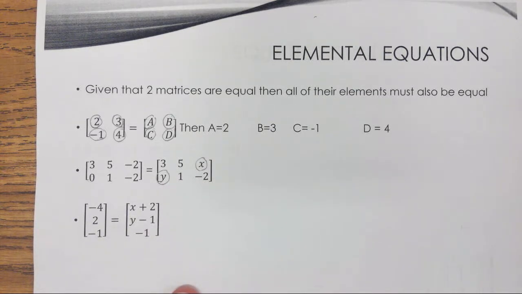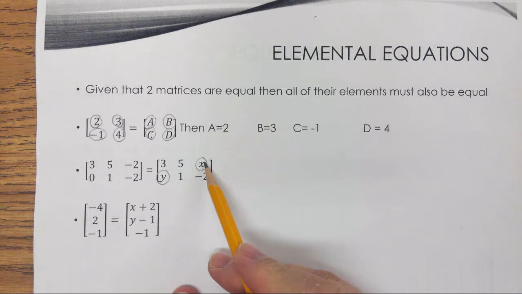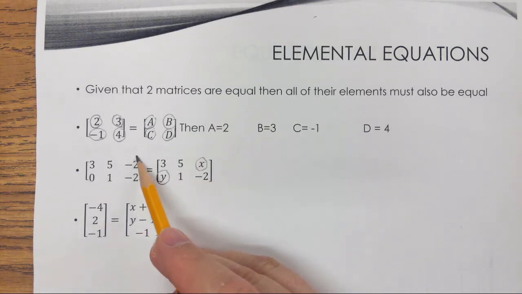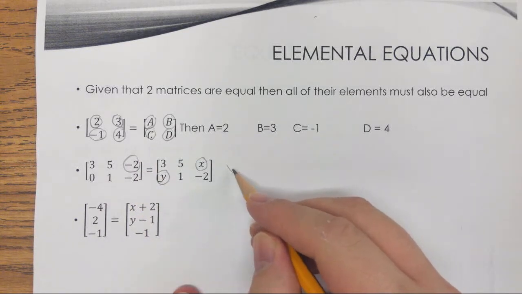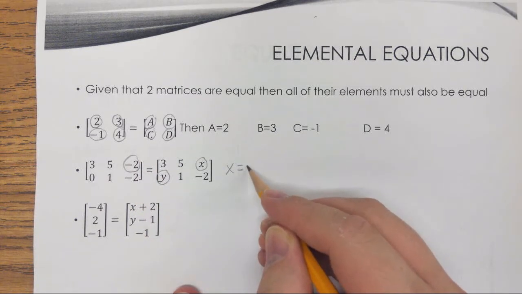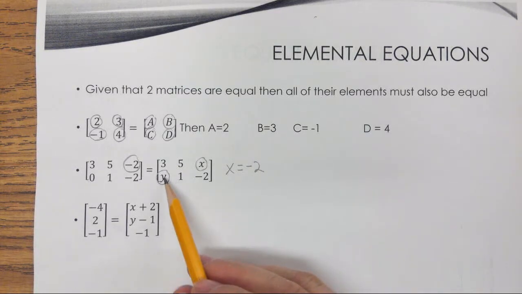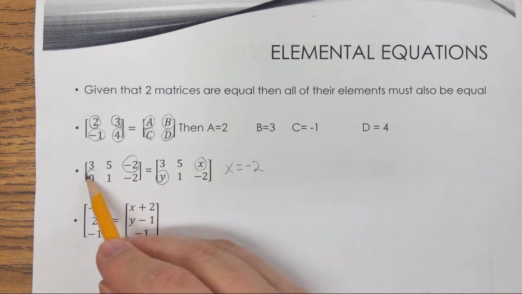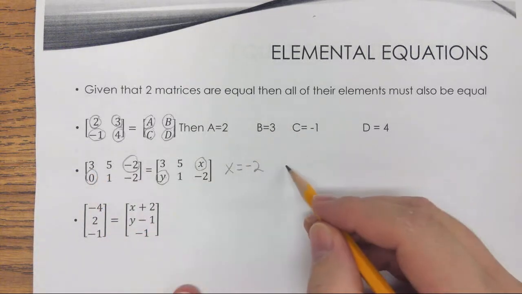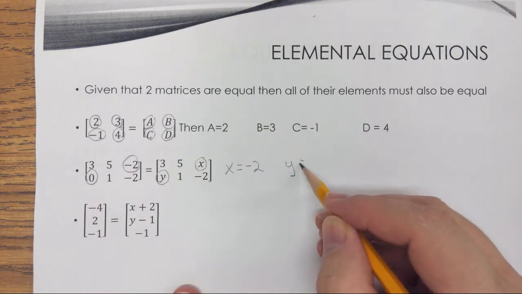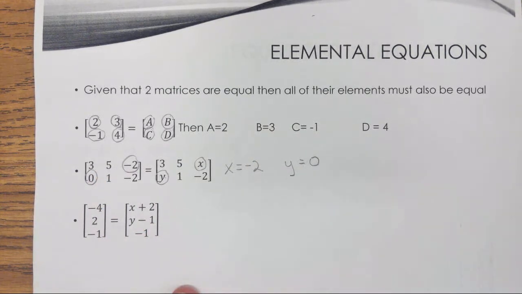So all I'm going to do is look for the spot where this matches up to the element over here, which is -2. So I can say that X equals -2. From the same standpoint, I've got the Y here. I'm looking at the element that corresponds to that, which is here. So I can say that Y equals 0.